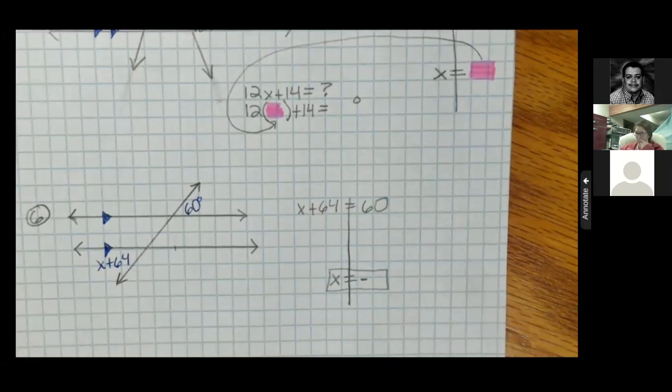Okay. Question. If they're both below 90 degrees, that means they're congruent, correct? Well, not necessarily.